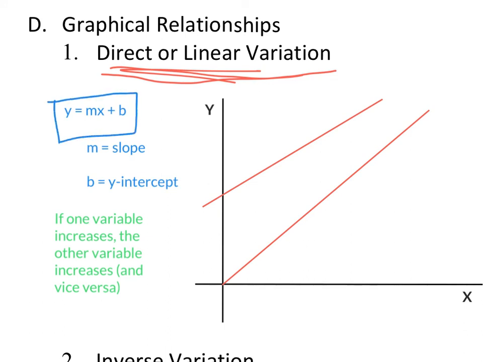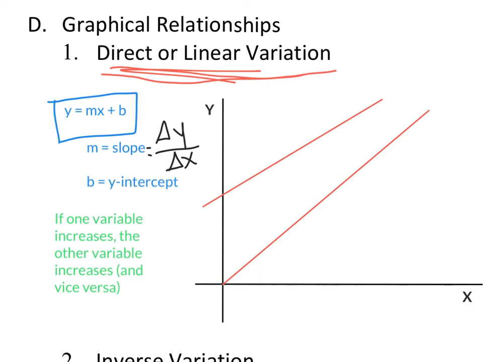M represents the slope, and I'm guessing you know how to calculate the slope. You would simply plug in the change in two of your y values divided by the change in two of your x values. And then b in your equation represents the y-intercept, or where your line crosses the y-axis. If it crosses at the origin, you would simply say plus 0 or leave that off and just have an equation that says y equals mx.